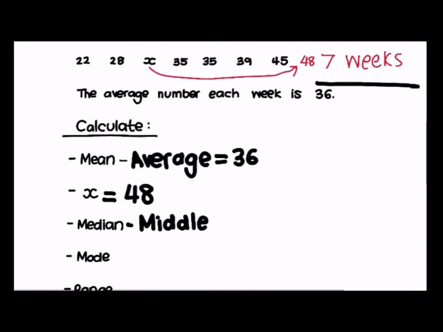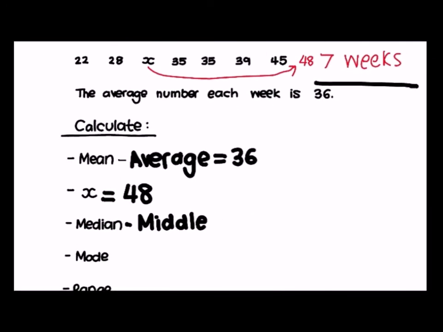So for the median, we've got our arranged data and we need the middle value. In this case, we've got 1, 2, 3, 4, 5, 6, 7 values. I'm just going to take this X away, we've got our 48 at the end. So for the median, we're going to count: 1, 2, 3 is 35. So we can draw a line there.